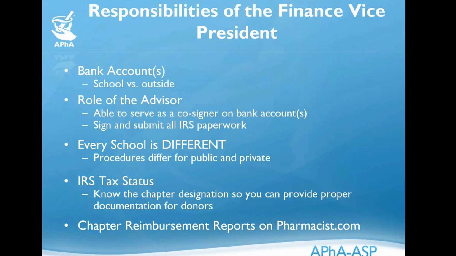So it's important to understand if you're a nonprofit or a not-for-profit, a 501(c)(3) or a 501(c)(4), it's very important that you understand your tax status. If your advisor doesn't know, you can actually look that information up on irs.gov. And I'll give you that information on the resource page so you have that.